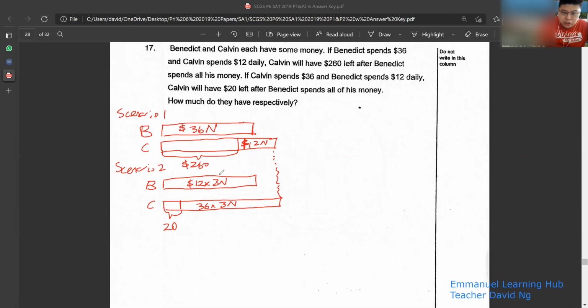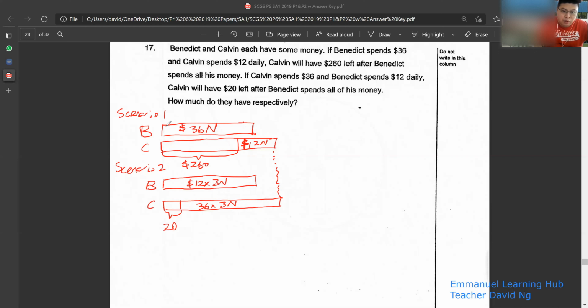In both situations, Benedict spent everything, all the money. So your second model is multiplied by 3N instead of N. This is the crux of the matter. You need to know it's times 3N. That means the number of days is different.